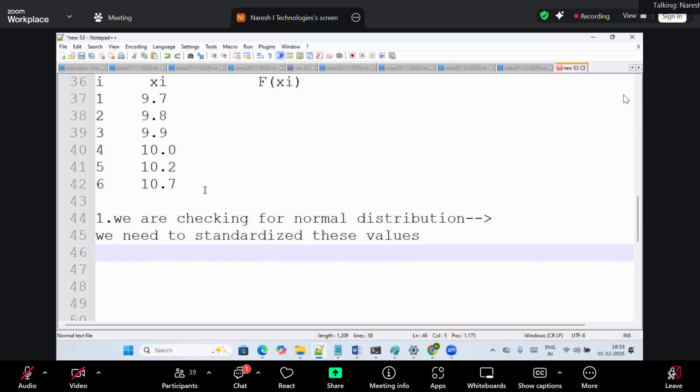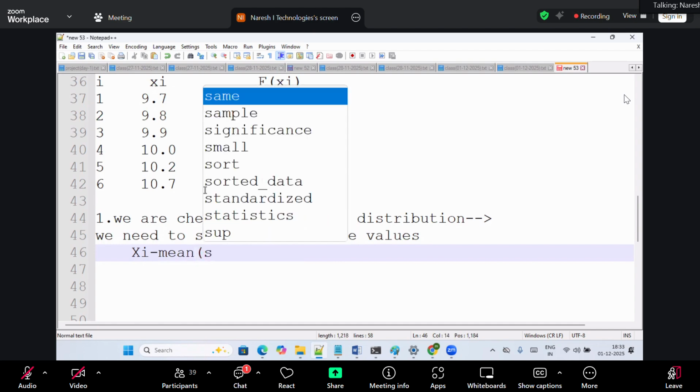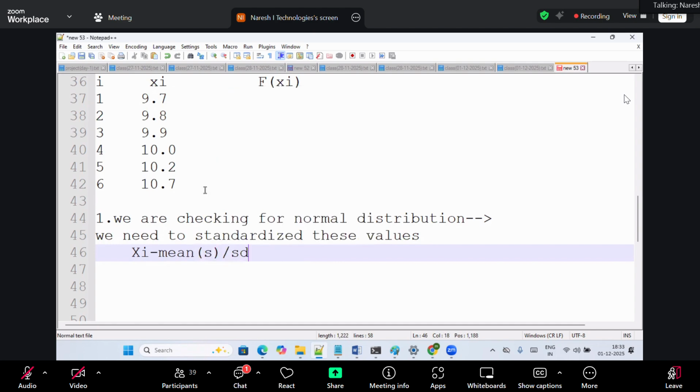What is the formula for standardization? So you can take here xi minus mean of the sample divided by standard deviation of the sample. Correct? So हर एक वैल्यू को आपको स्टैंडर्डाइज करना है.